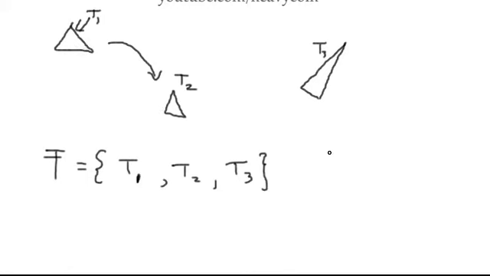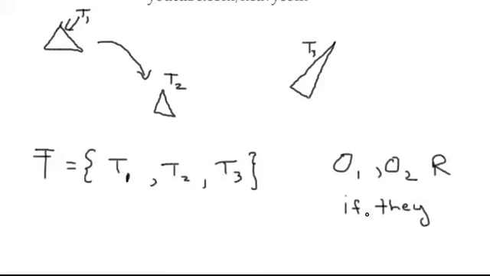So we'll define our relationship: two objects, object 1 and object 2, are related if they have three sides, or I could just say if they are triangles.